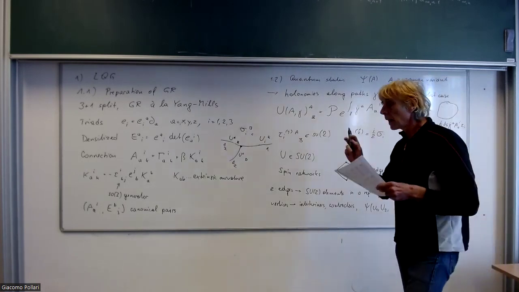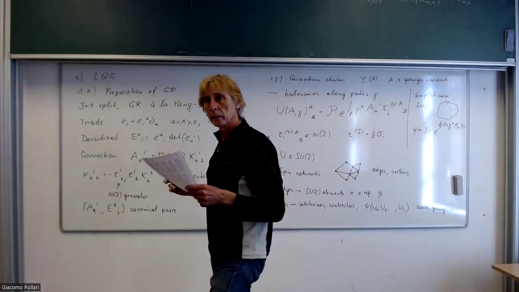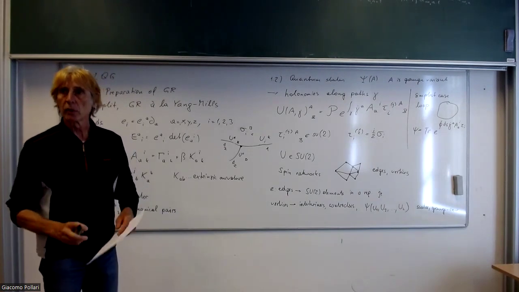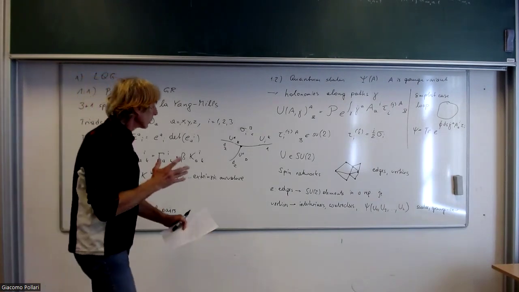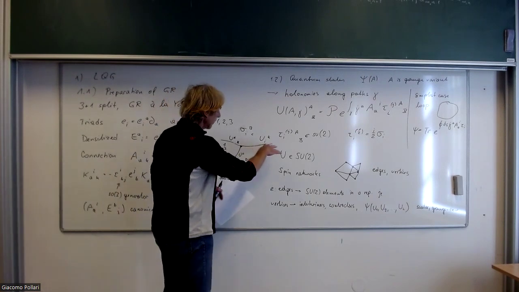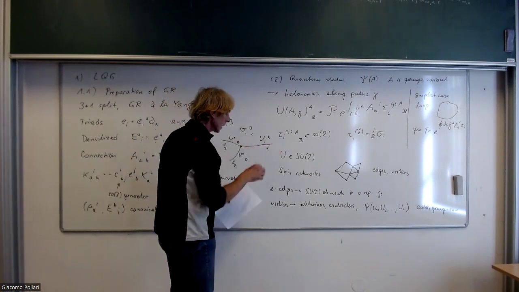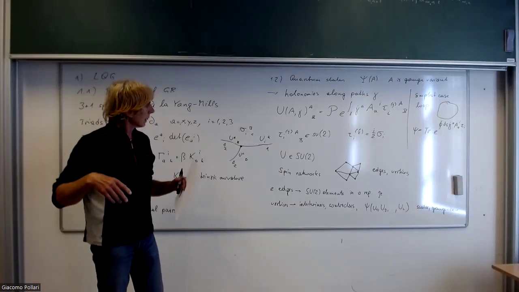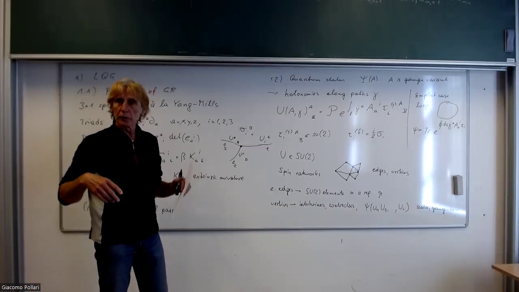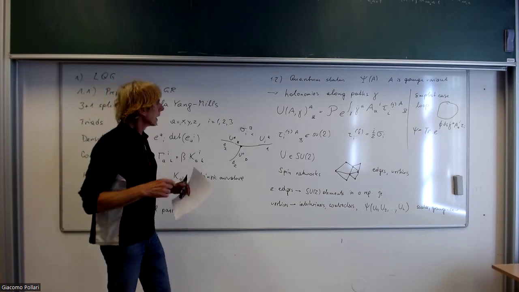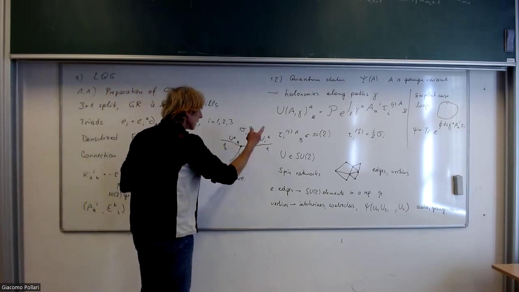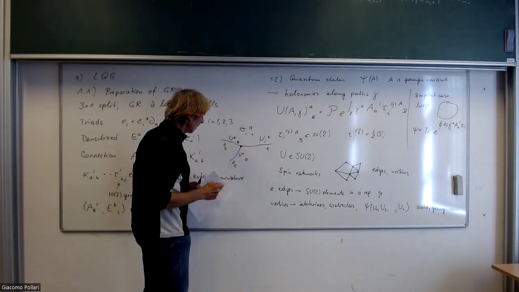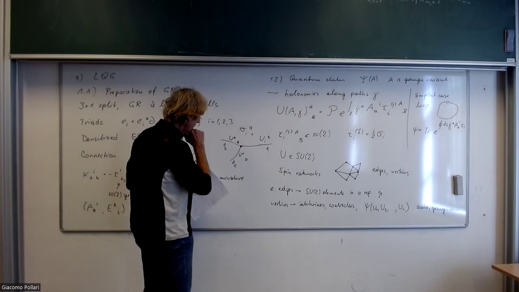When you decompose every representation into a symmetrized tensor product of the fundamental representation, then you have a line going through, which is a delta.